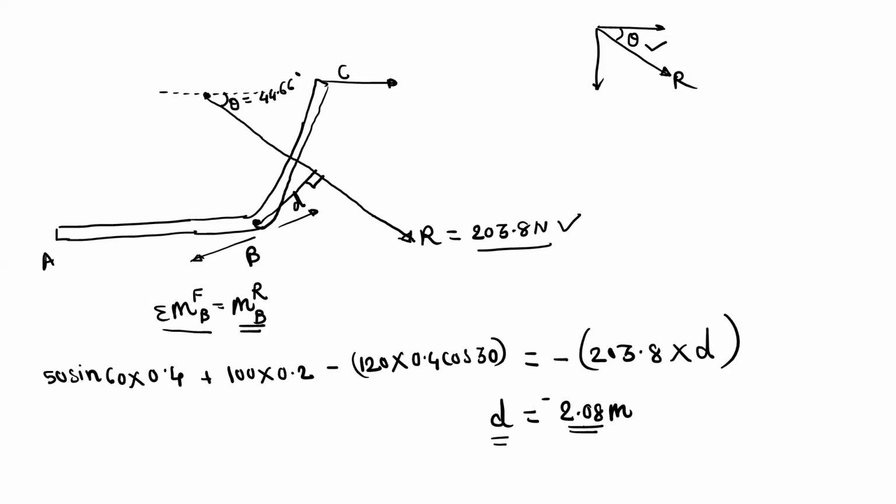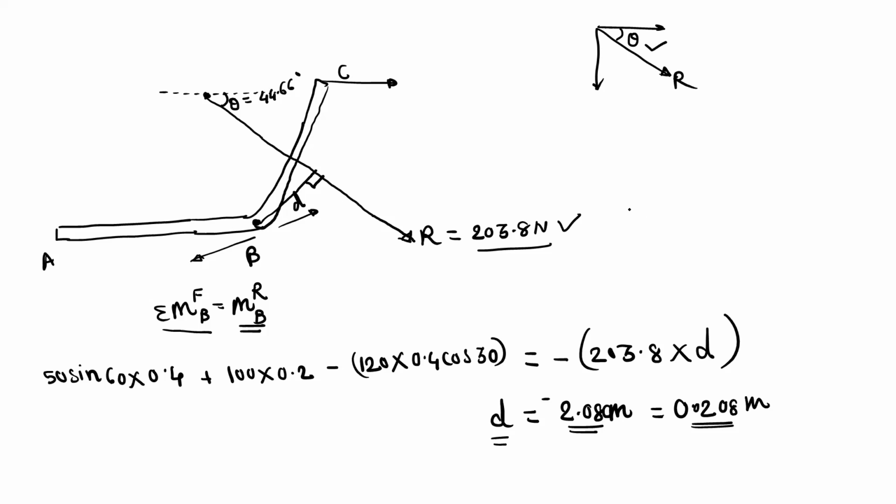Right now our value is 2.08, this is centimeter. Actually you will get the answer as 0.0208 in meter, so if you convert it to centimeter, you will get 2.08 centimeter. That means we have got this distance D. Now we have to find the distance along the line BC, where this resultant will cut the line BC.